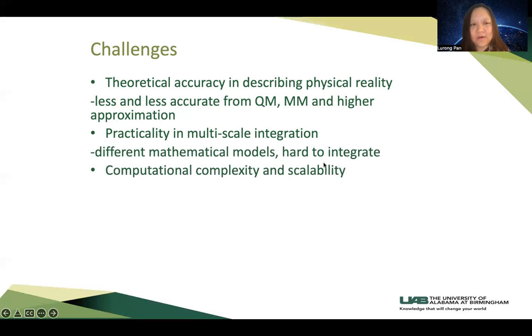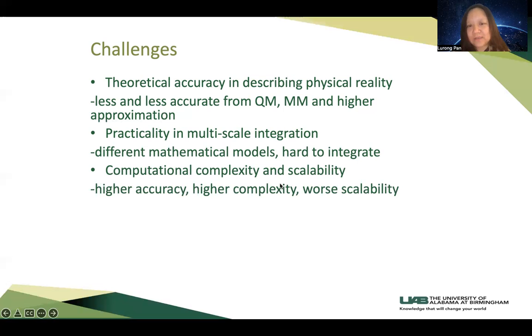The third one is computational complexity and scalability. Like I said, the QM model is very accurate, but it is very complex. Currently we can only scale the system up to about 100 atoms.